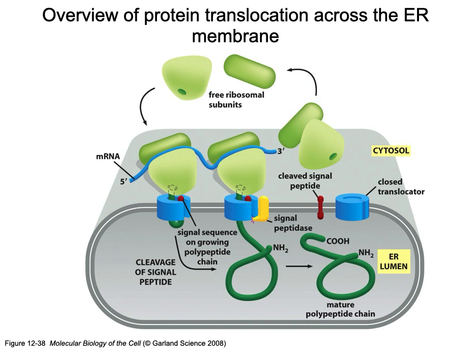So once the polypeptide chain has started to enter in, a signal peptidase, this enzyme, will cleave off the signaling peptide, and when synthesis is finished, when the whole messenger RNA has been read and amino acids have been added, that mature polypeptide chain is now in the lumen of the ER.